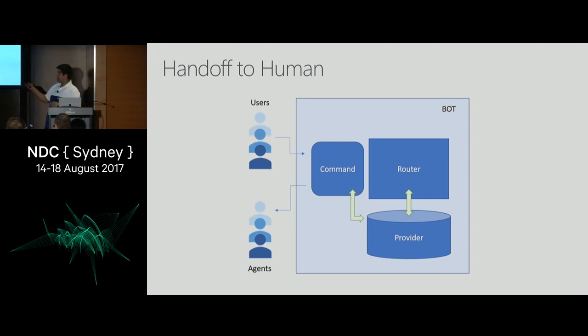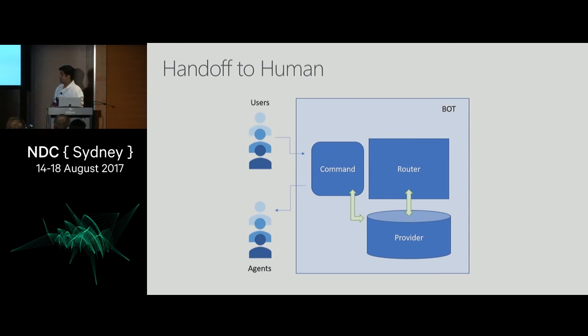And the command control, or whatever you want to call it, is where you handle the interaction between the agent and the bot. It also gives you a way of intercepting messages from agents that are going back directly to the user.